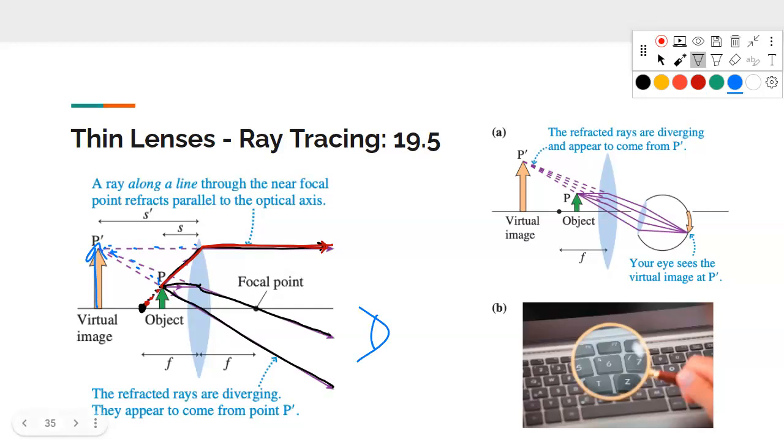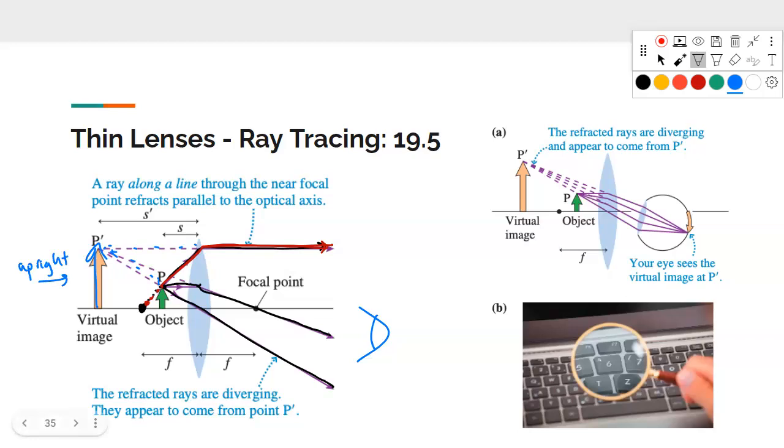So this is how we actually get a magnification greater than 1, because it's enlarged. And we also have a positive magnification here because it's upright. So this is an upright image. It's not been flipped upside down.